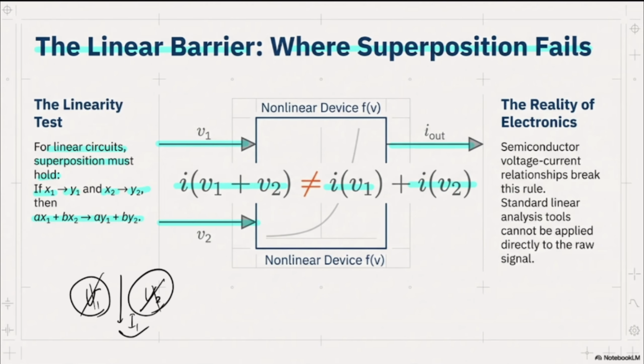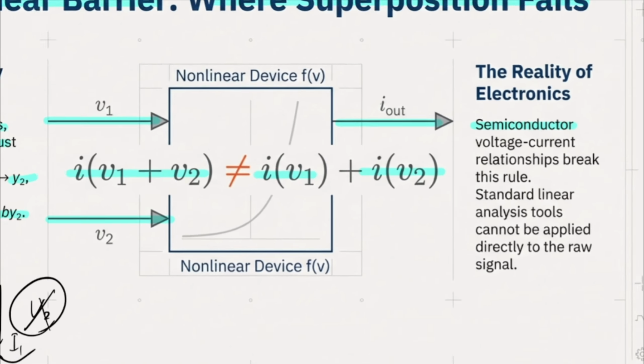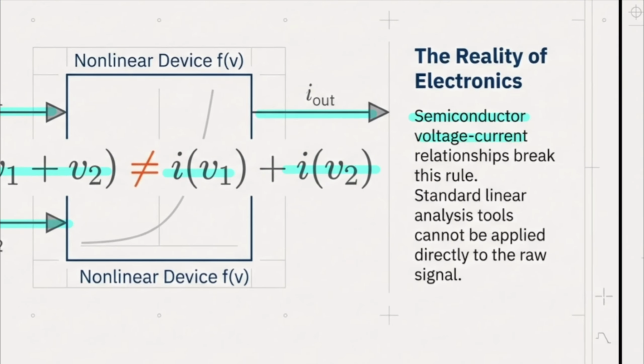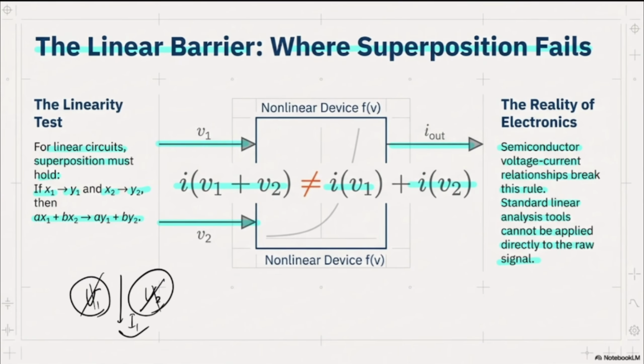So at this point, the semiconductor voltage-current relationship is going to break this rule, and standard linear analysis tools cannot be applied directly. Remember that, guys, directly. Maybe we can find some way to apply them indirectly, but right now we cannot use them directly on the raw signal.